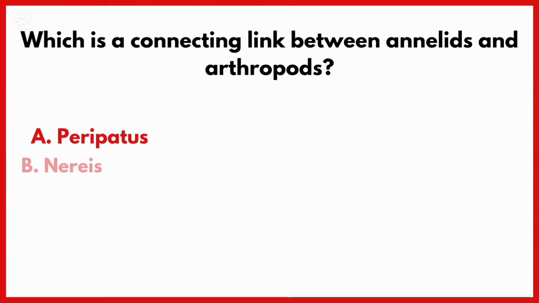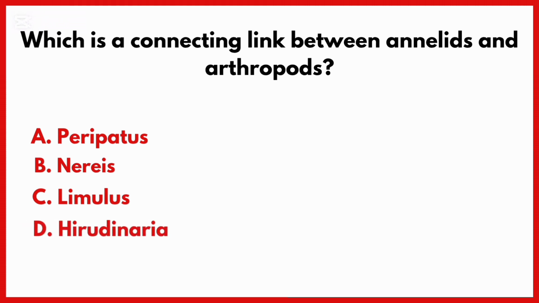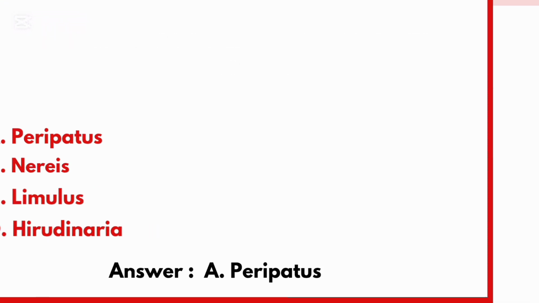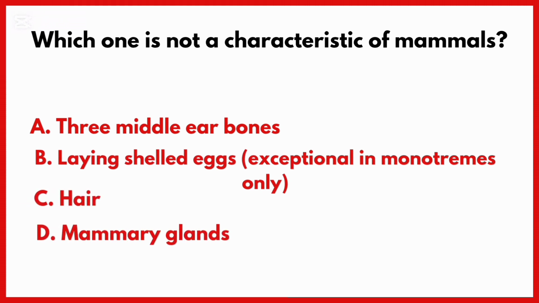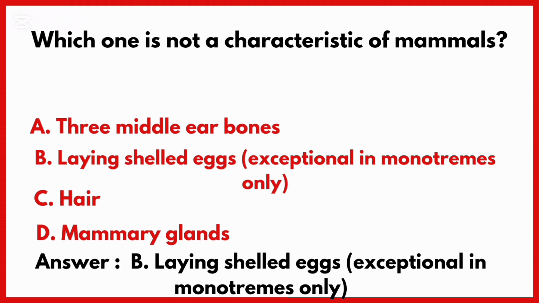Which is a connecting link between annelids and arthropods? Correct answer is option A. Peripatus. Which one is not a characteristic of mammals? Correct answer is option B. Laying shelled eggs.